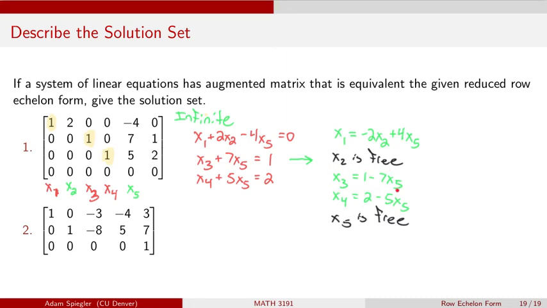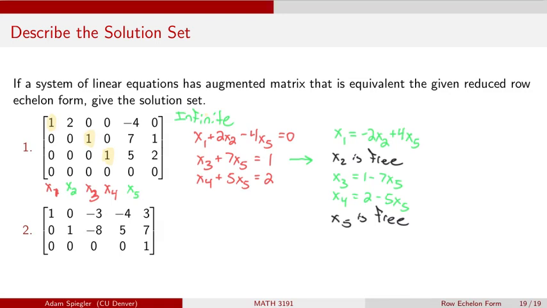Here's the corresponding condition for x3, here's the condition for x4, and x5 is free. We can pick any value that we want for x2 and x5, and then once we pick those values, we can determine what x1, x3, and x4 would have to be. So this first matrix corresponds to a consistent system, and we have an infinite number of solutions for that system.